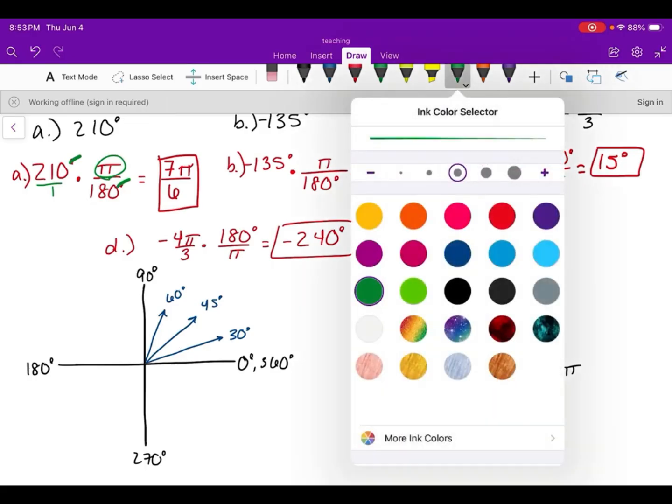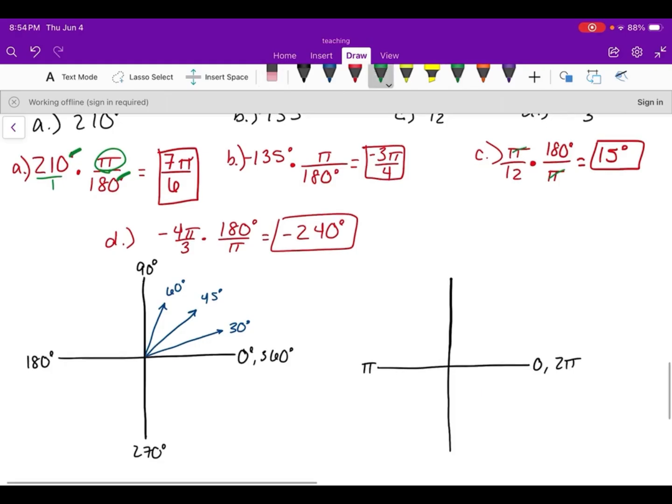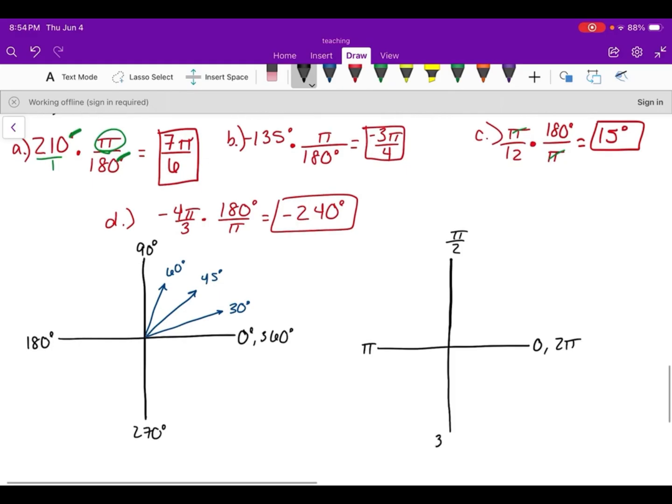If half here is 0 to pi, what is half of pi? Don't think too hard about it. It would just be pi over 2. So 90 degrees is pi over 2 radians. 270 degrees is 3 pi over 2.